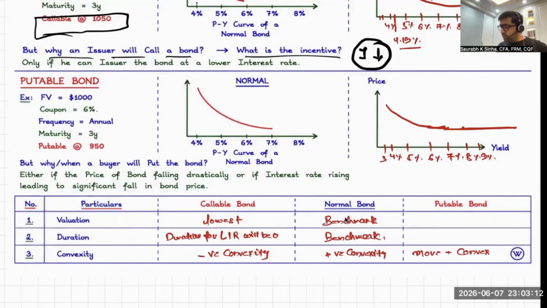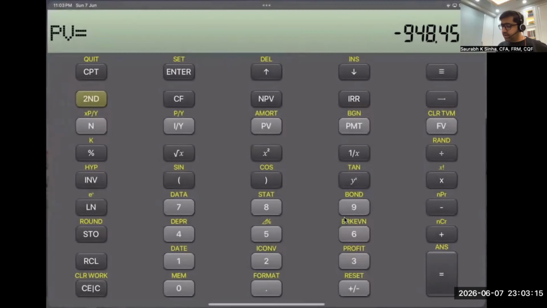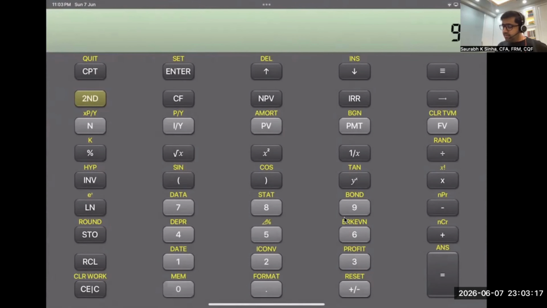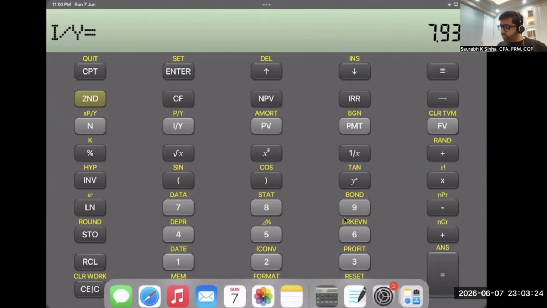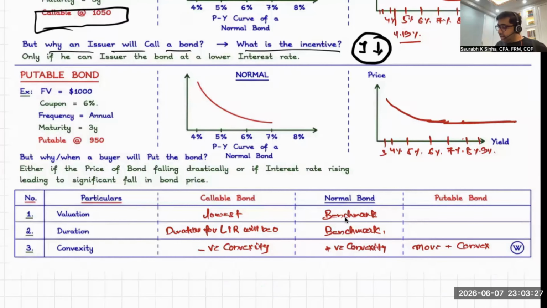If you are interested in finding that interest rate, you can put 950 as negative PV and compute I/Y, which is 7.9380%. Beyond this, the price of this bond would be flat at 950.